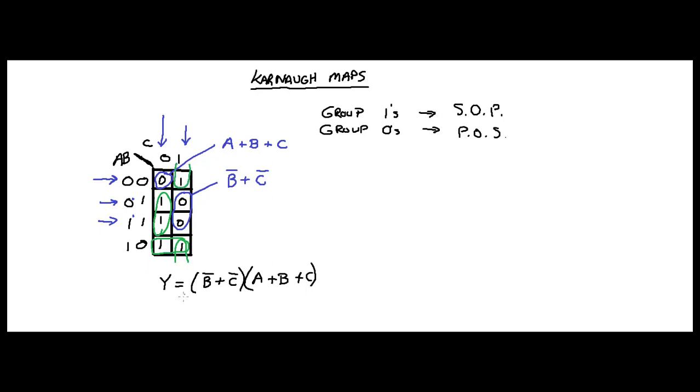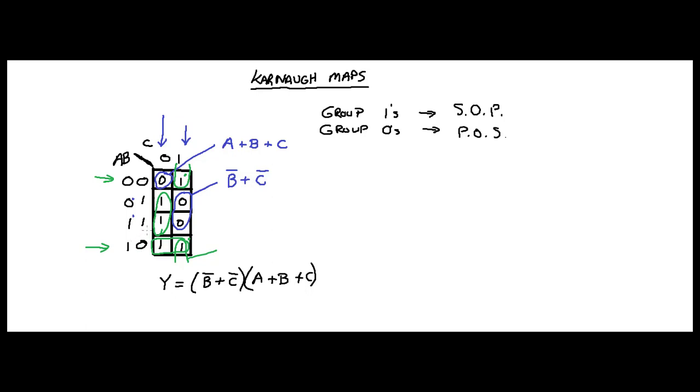Got it? So let's do each one of these groups. This group takes this row and this row, because it includes this one up here and this one down here.